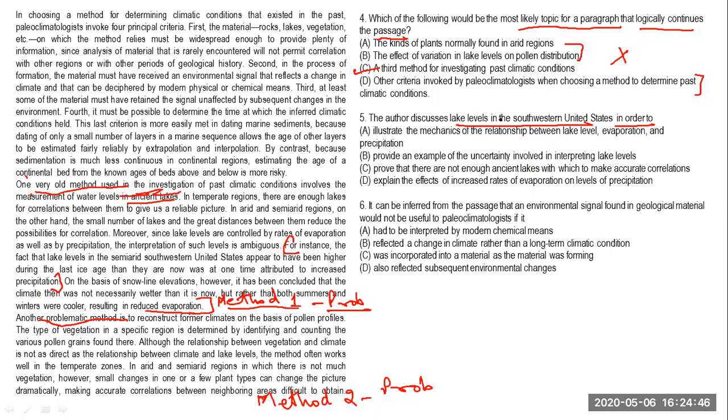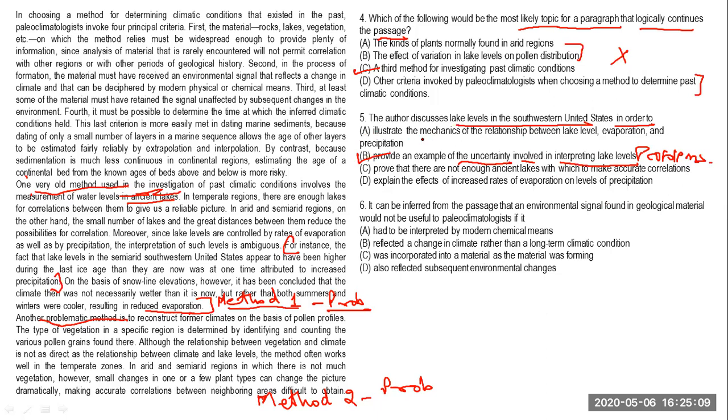And therefore, the author has discussed the lake levels in the southwestern United States in order to do what? In order to provide an example of the uncertainty involved in interpreting lake levels, essentially to discuss the problems associated with the first method, problems with method 1.